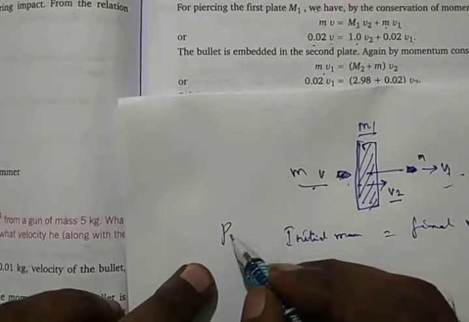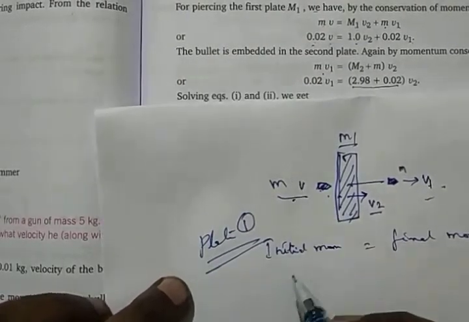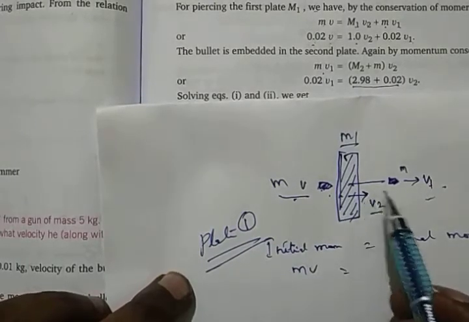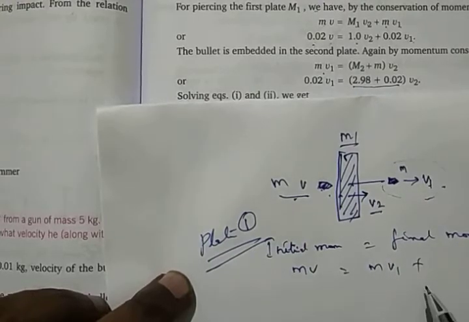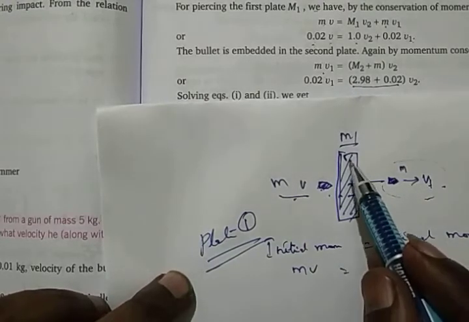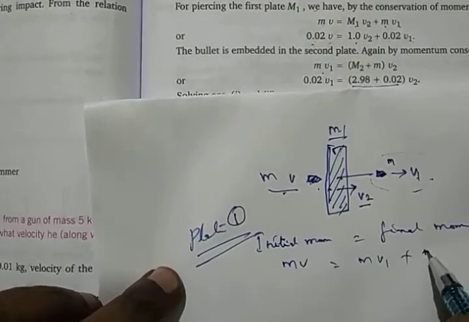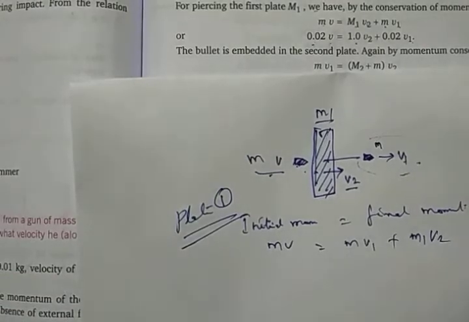This is plate 1. What is initial momentum? m into v is equal to, what is final momentum? This bullet is going at a speed, m into v1, plus it has already imparted some speed to the plate also. Plate is also moving. So it is going to be m1 into v2. This is equation number 1.